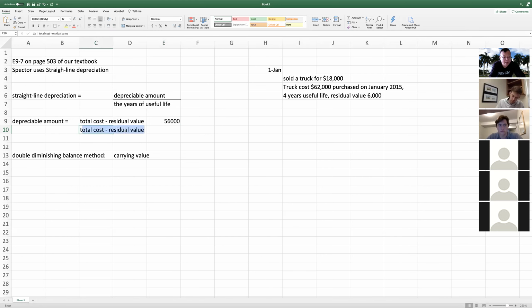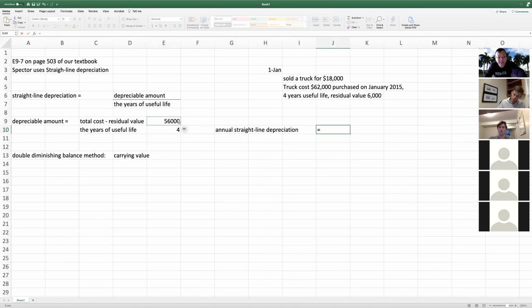That's 4 years. So what's the annual depreciation? Annual straight line depreciation will be, you know how to do this, right? You use depreciable amount divided by years of useful life. This is the annual amount for each year.